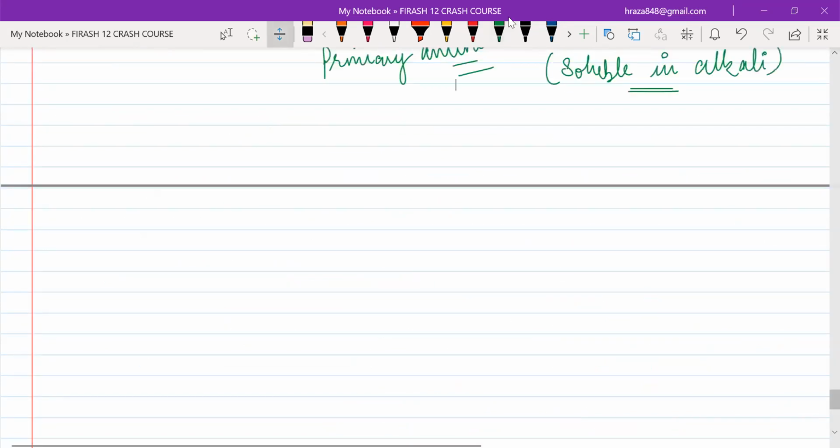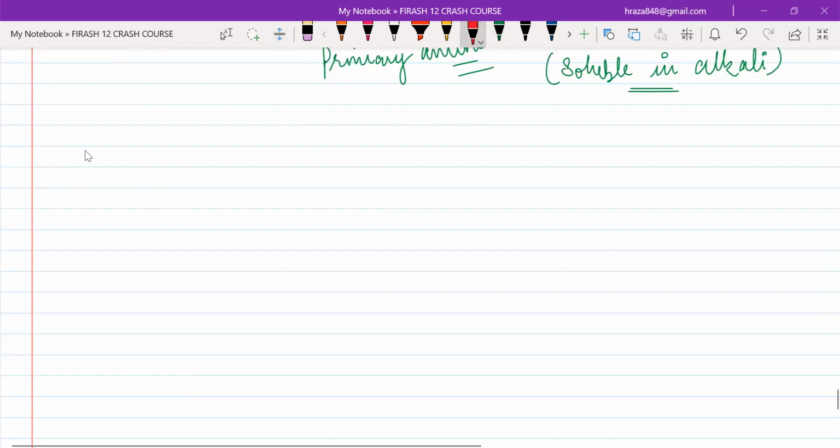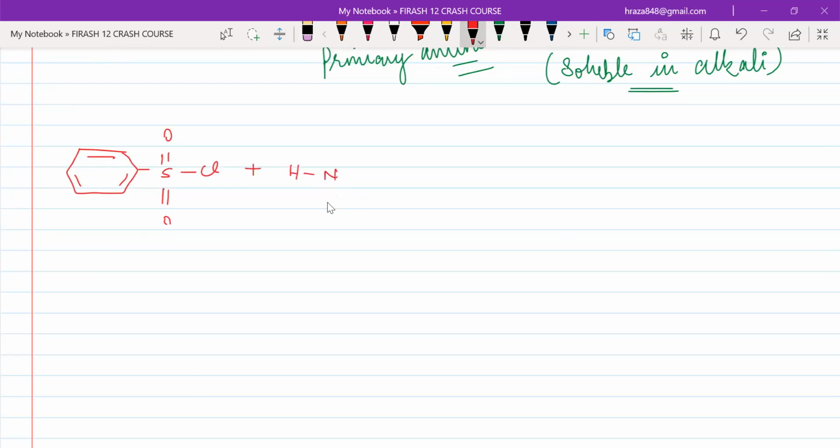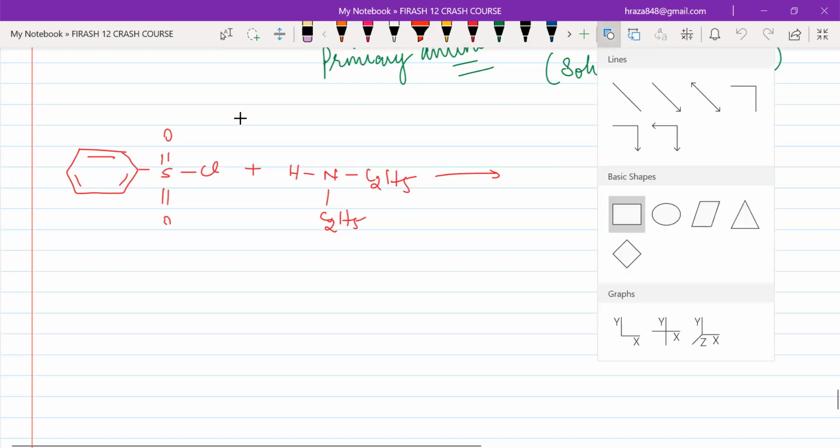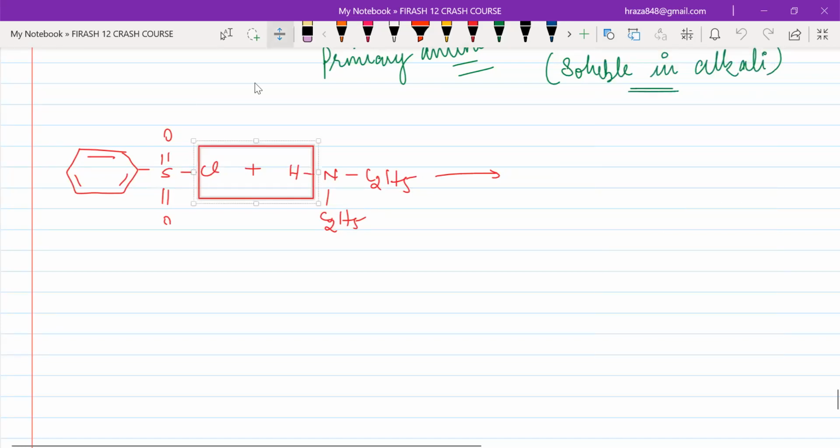You can see the secondary amine, how it reacts. This is your benzene sulfonyl chloride, this is your C6H5. Again the same, you need to remove this HCl and you will get your product.